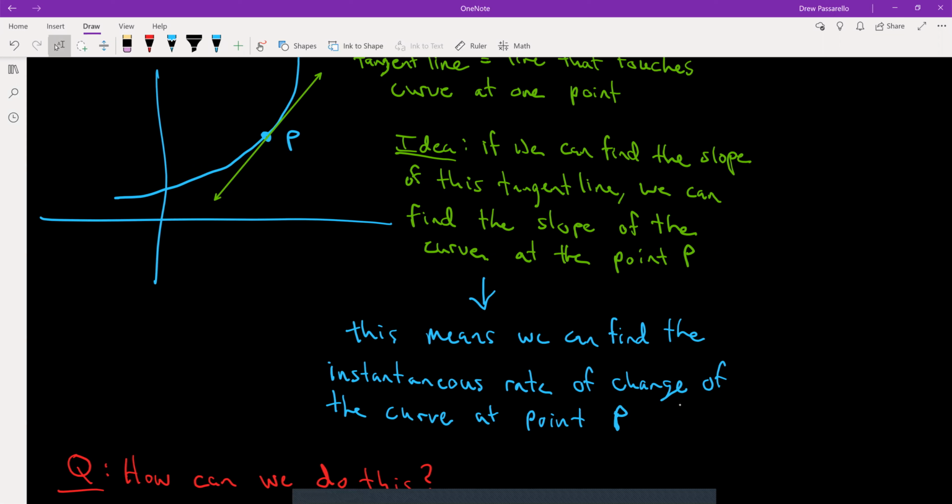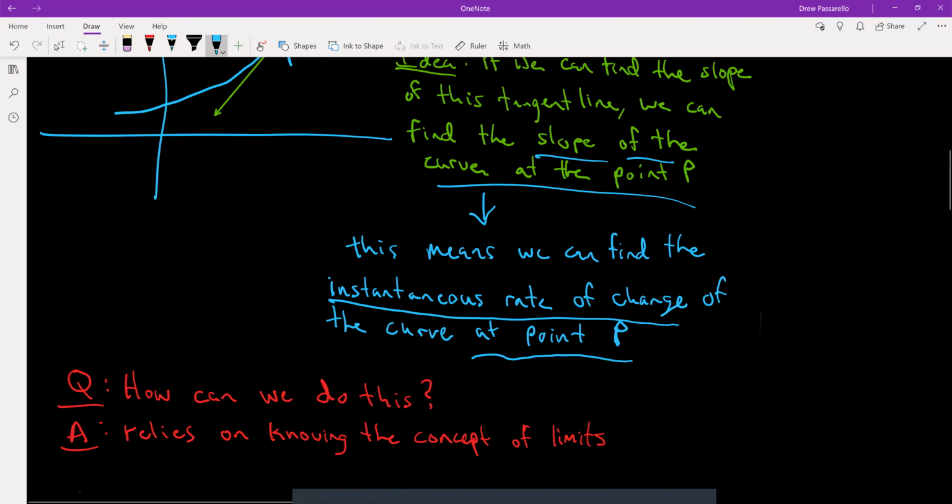So slope at a single point is instantaneous rate of change. So this is the slope of the curve at the point P. Again, it's the instantaneous rate of change of the curve at point P.